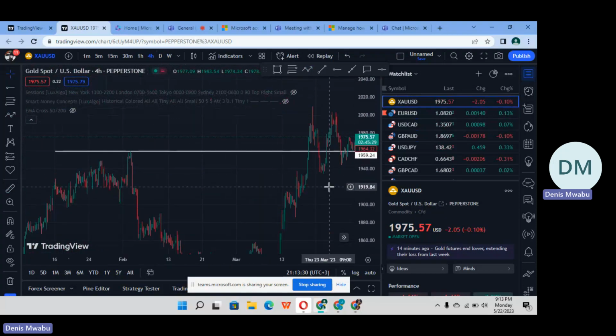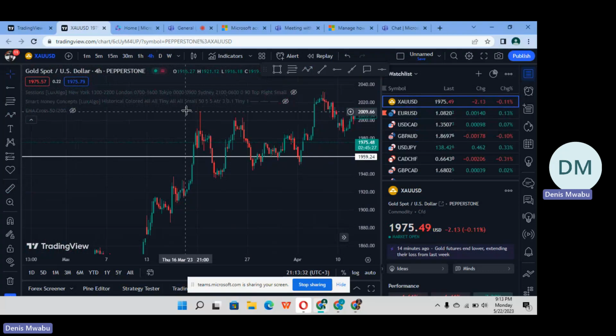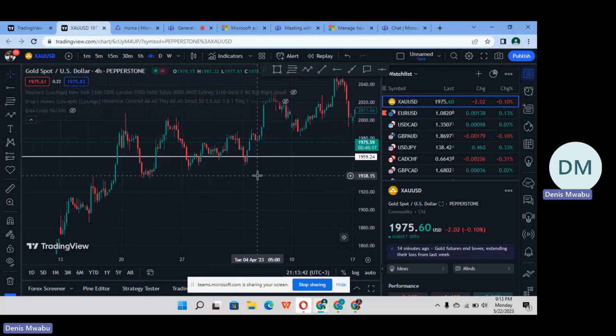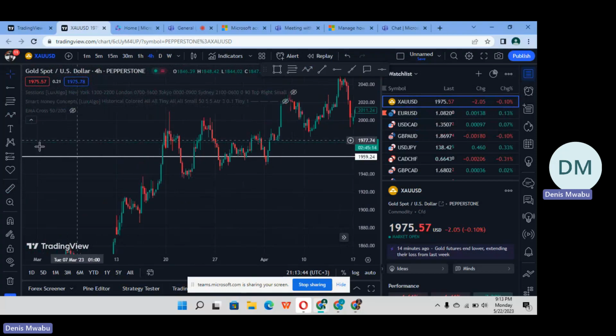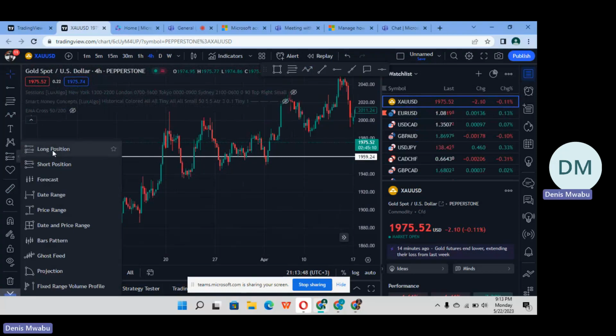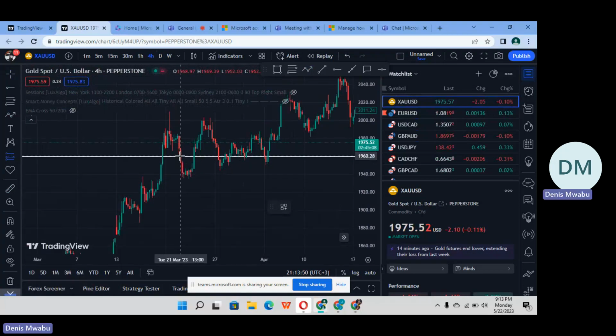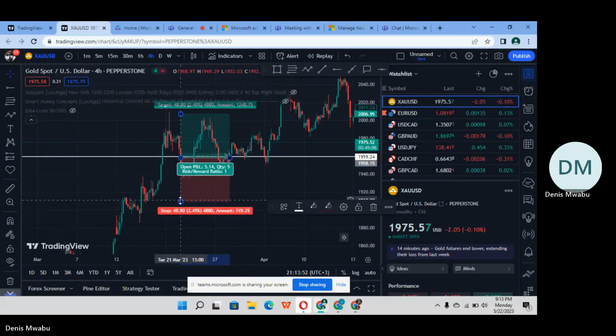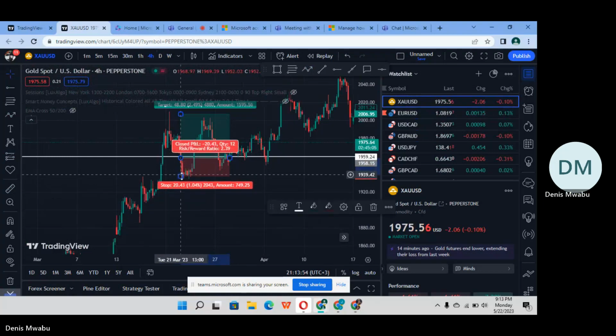You can see price broke this level, and guess what? Price is not respecting the zone. It has broken it, it has broken it again. So you can imagine if you're trying to get into a trade here. Maybe you put your entry on this level, thinking price will come and retest it.